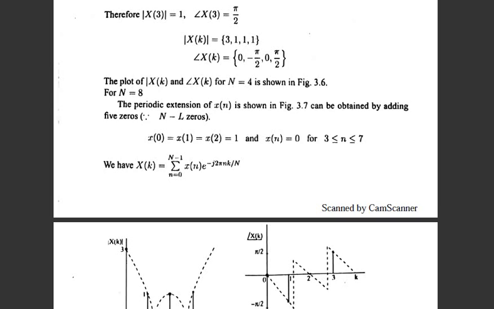And if we want to generate the angle diagram, it will look like this. It starts from 0 to minus pi by 2, then it moves to 0 again, then it is 0 here, and next for 3 it will again be plus pi by 2.